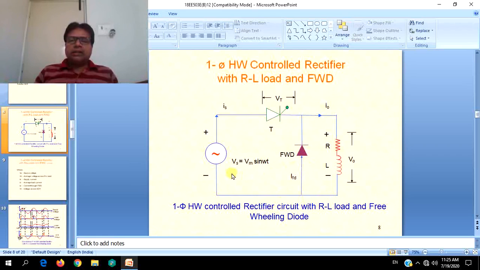And not only the supply voltage, now the load inductance will also try to release whatever energy has been stored inside it.